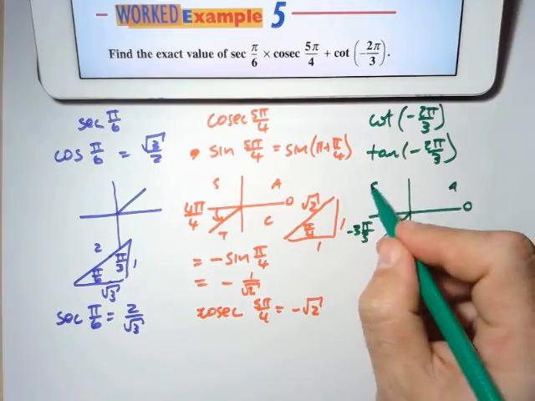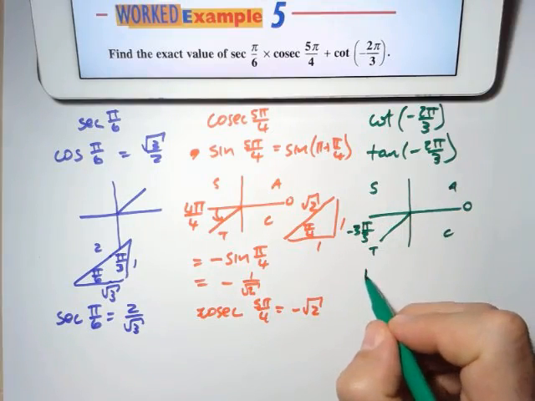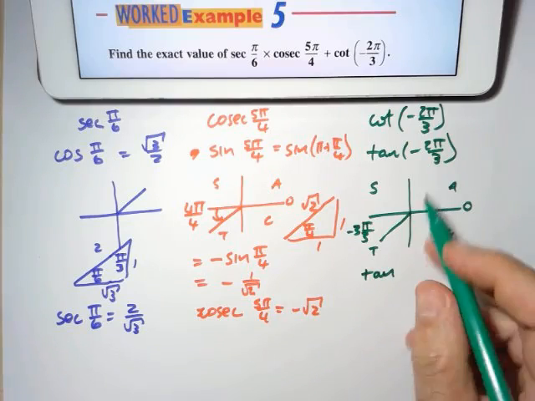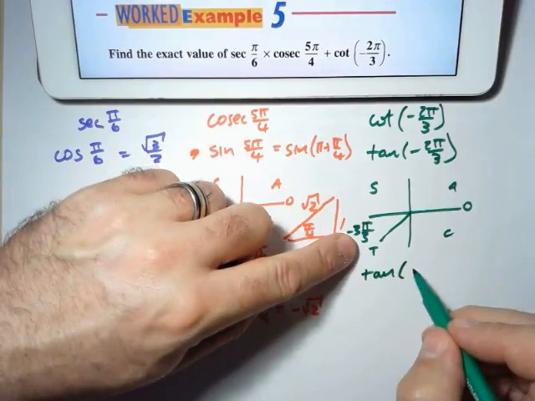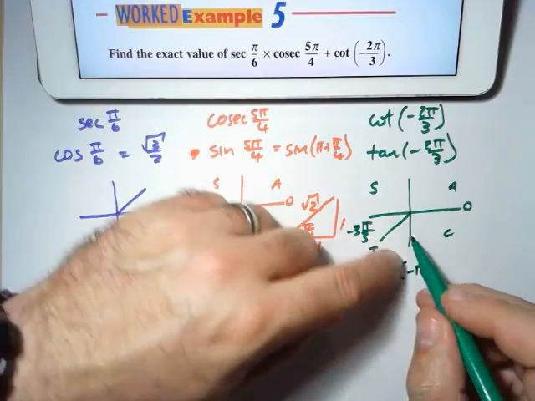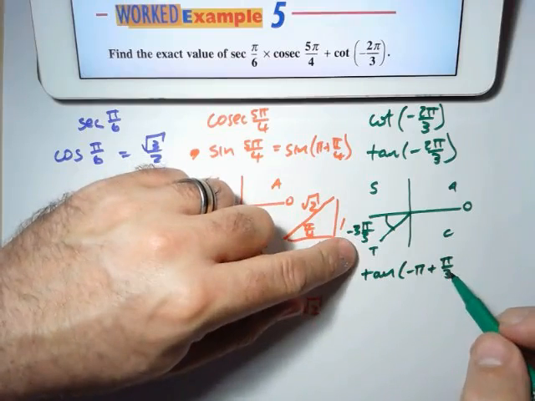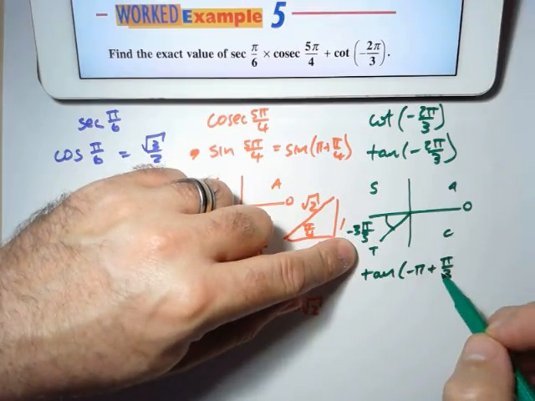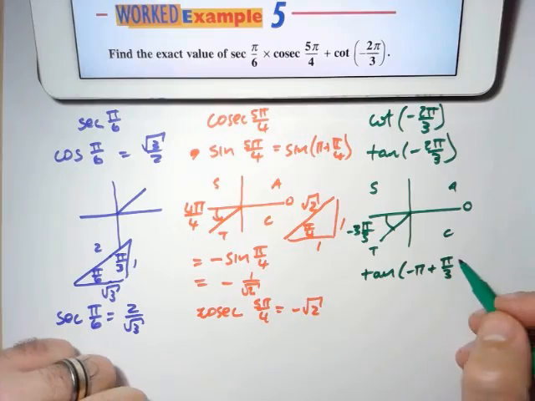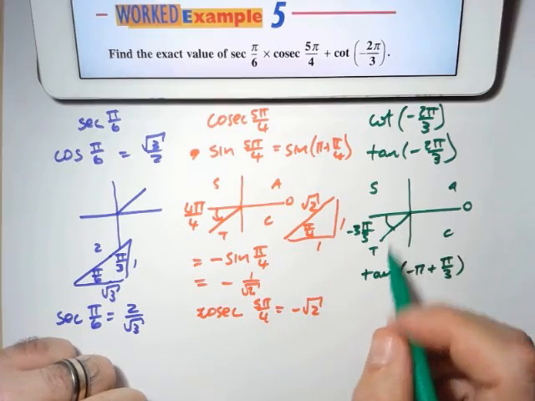Remember, this is my CAST, which means I can write the tan of minus 2 pi over 3 as minus pi, coming in a positive direction, plus pi over 3. That's negative 3 pi over 3 plus 1 pi over 3, which is negative 2 pi over 3. It's in my fourth quadrant.